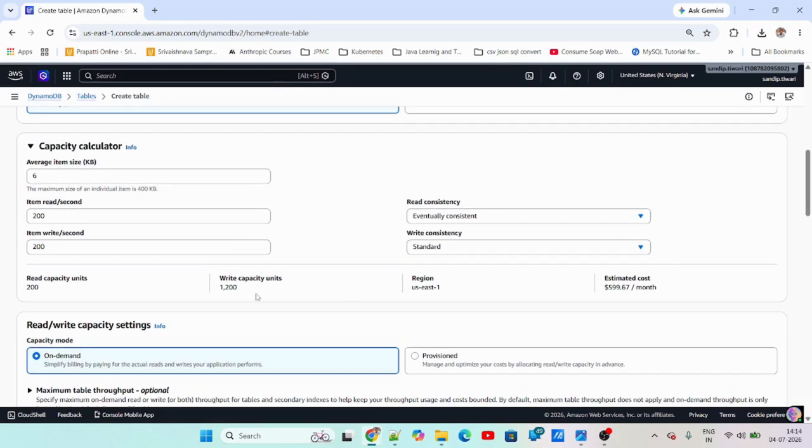It has calculated the capacity units for both read and write. So write is 20. For reads there are options: eventually consistent, strongly consistent, transactional, and for writes there is standard and transactional. And then the estimated cost. This is a very big number.